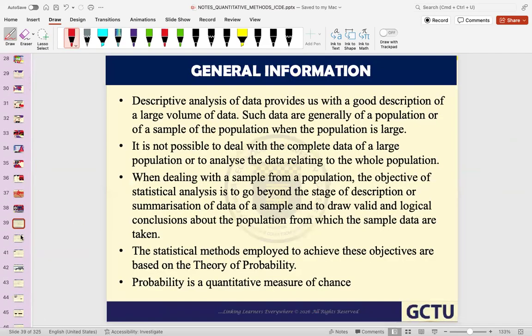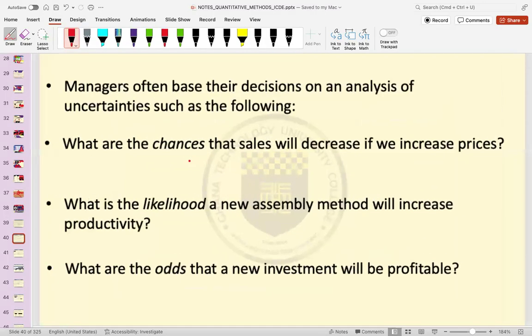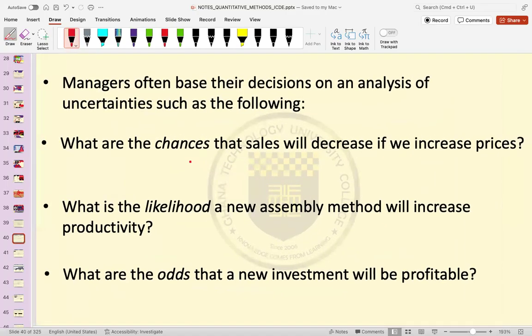Now, in most organizations, you have managers doing a lot of planning, and their planning is based on certain decisions that they make. Why?